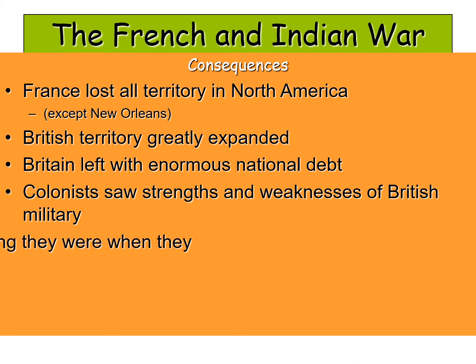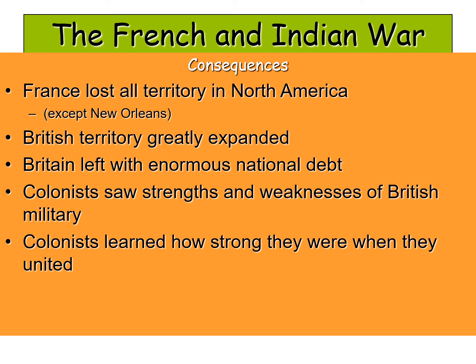Another consequence of the French and Indian War was that the colonists learned how strong they were when they were united, because in the past, during the early colonial period, the colonies sort of operated on their own. They didn't really want to come together in any way, and even when Benjamin Franklin suggested the Albany Plan of Union, which would have been simply a unification for the purposes of defense, the colonies were not eager to embrace that idea.